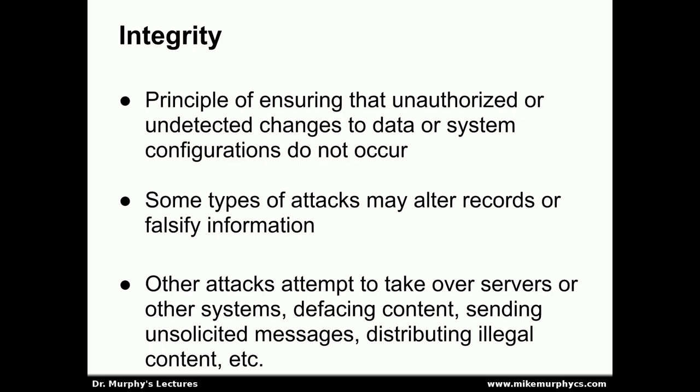They might deface content, such as websites, send unsolicited messages, so turn a server into a machine that's simply sending spam to everyone, or distribute illegal content, such as child pornography or copyrighted materials. Many other types of malicious uses can also be found for compromised systems.